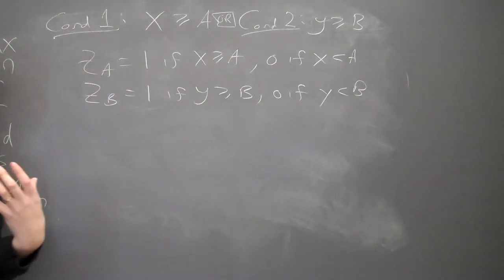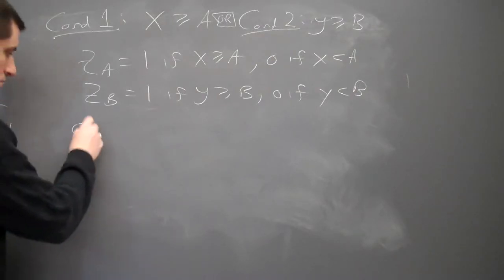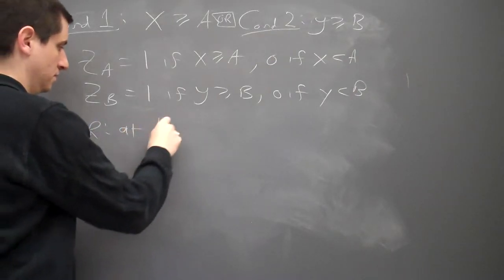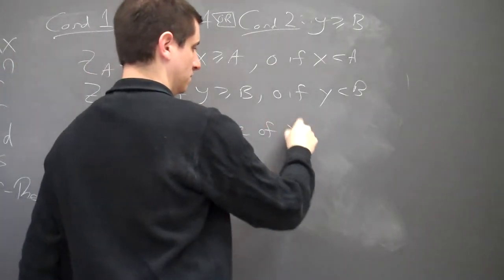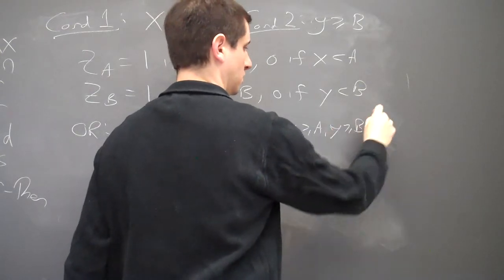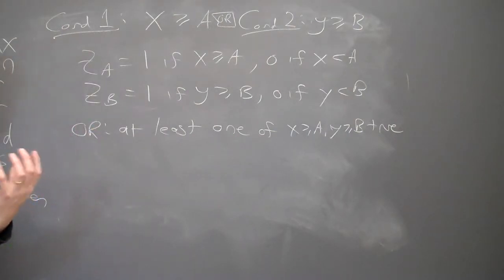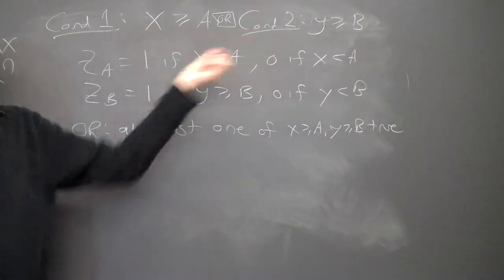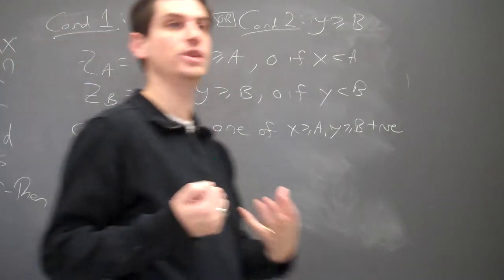And now, how would I do OR? I need at least one of them to be satisfied. So at least one of x is greater than or equal to a, y greater than or equal to b is true. So imagine somehow I have a way to get these ZB's and ZA's. We haven't figured that out yet, but let's say we could do that.